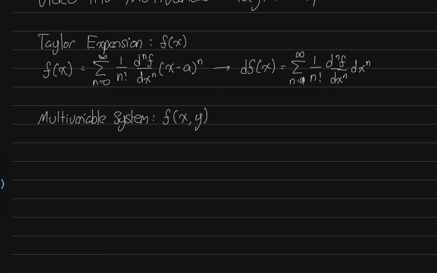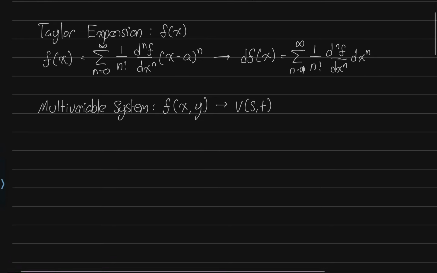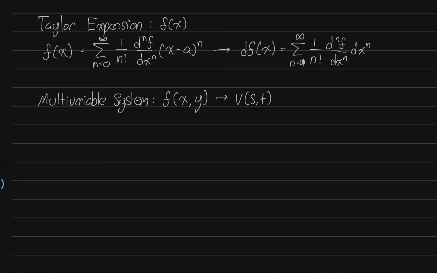And as you can see, this resembles our option price or our premium price as a function of s and t. Now, to do this, essentially for our first term, we would have our df as a function of x and y in our Taylor expanded form.